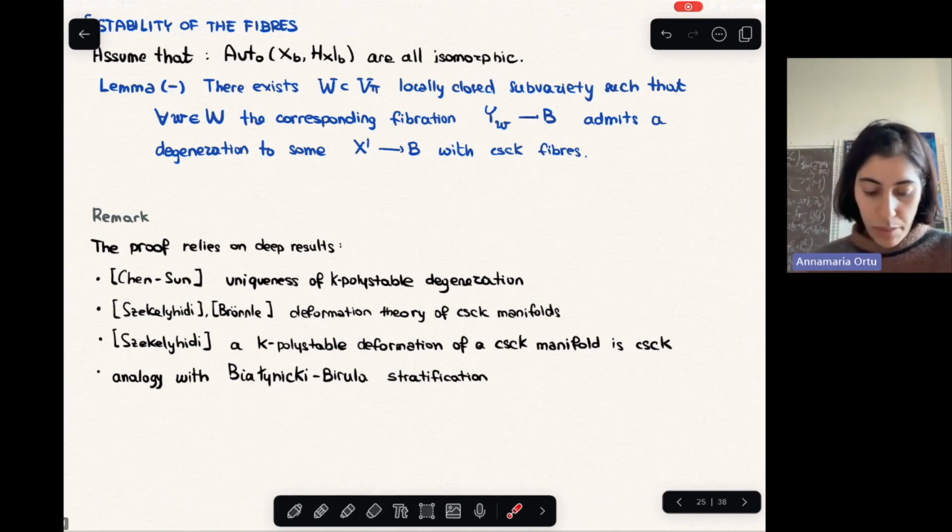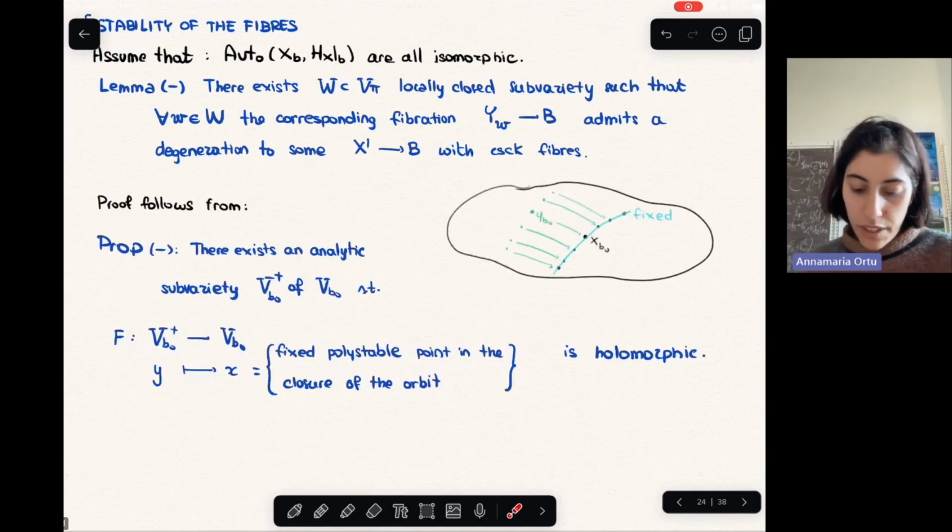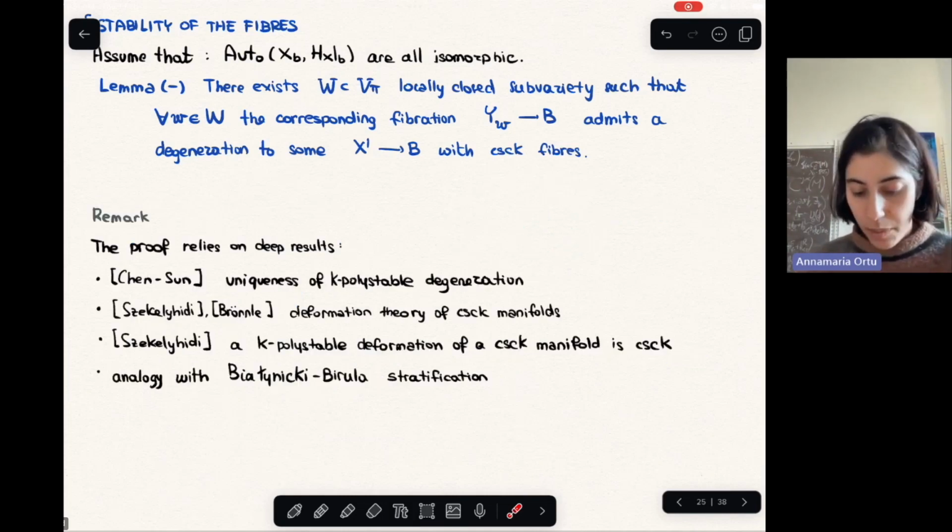And for those who are maybe familiar with it, this is similar to the Bialynicki-Birula stratification, which is very similar. So it's a stratification of points that converge to a subset of fixed points. Although I haven't used that explicitly, it's the same ideas.